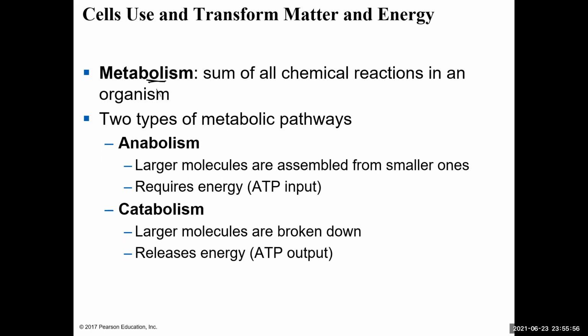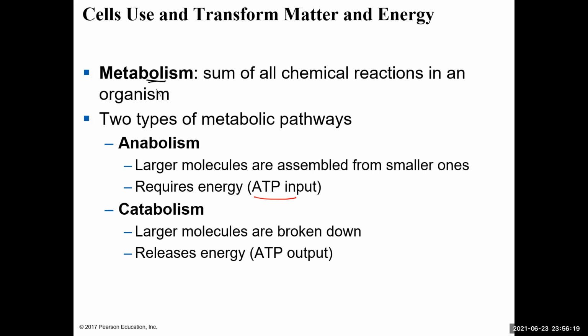And so there are two types of metabolic pathways. You have anabolism and catabolism. Anabolism is assembling those larger molecules. So you can think of those dehydration synthesis reactions where you're taking monomers and making polymers, and you're requiring ATP to do so. Okay. Catabolism is the opposite.